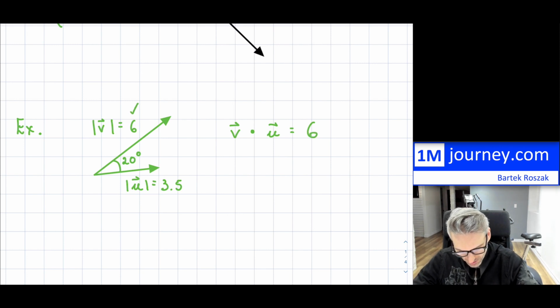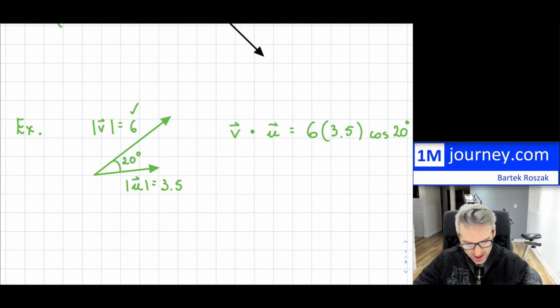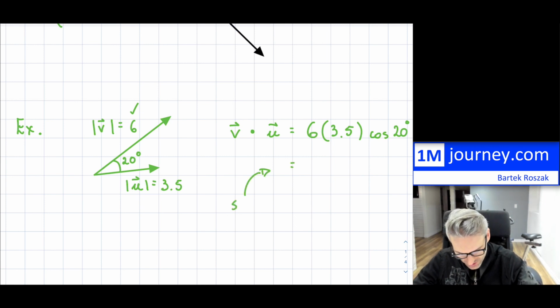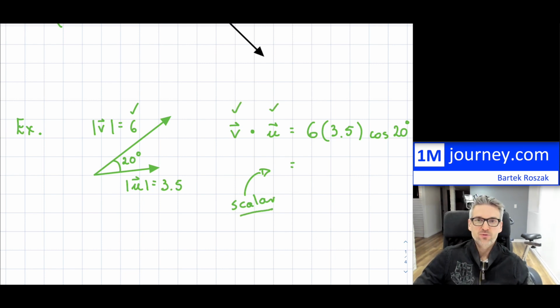I'm going to multiply it by the magnitude of the second, which is 3.5. And then I'm going to take the cosine of the angle in between the two vectors. Now, if you do this, you will notice that the result is actually a scalar. So it converts your two vectors to a scalar result.